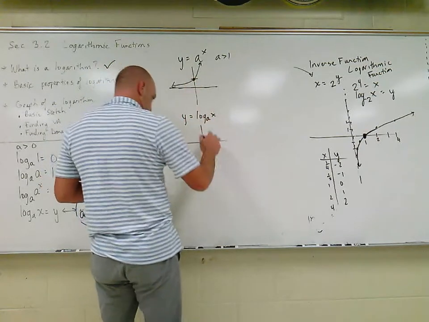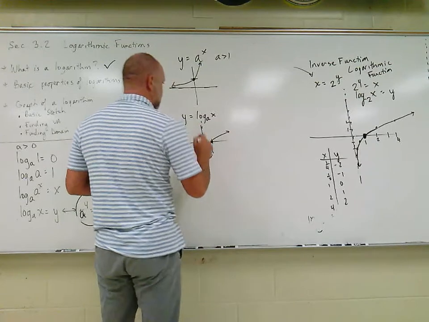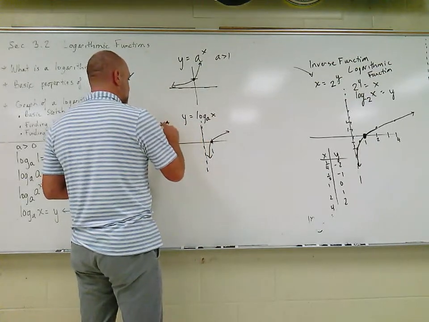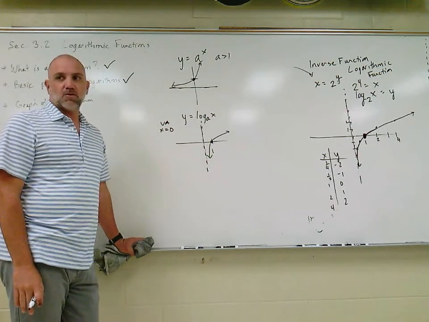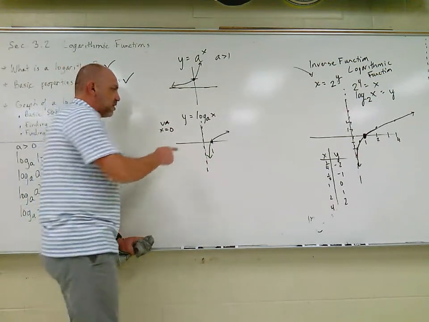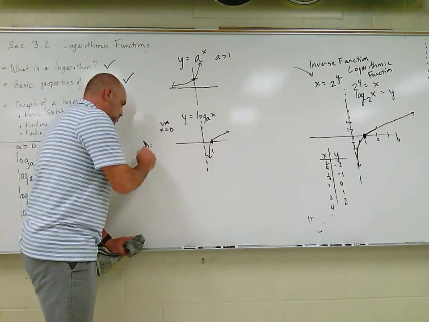So 0, 1 becomes 1, 0. It has a vertical asymptote, so this has a vertical asymptote at x equals 0. All right, a couple of questions. Looking at this picture, what is the domain of the logarithm? And what is the range?